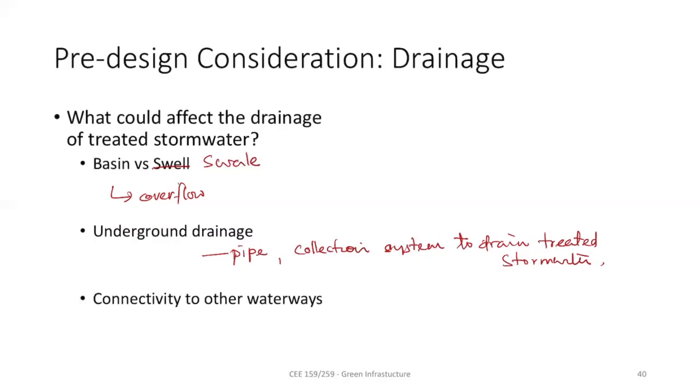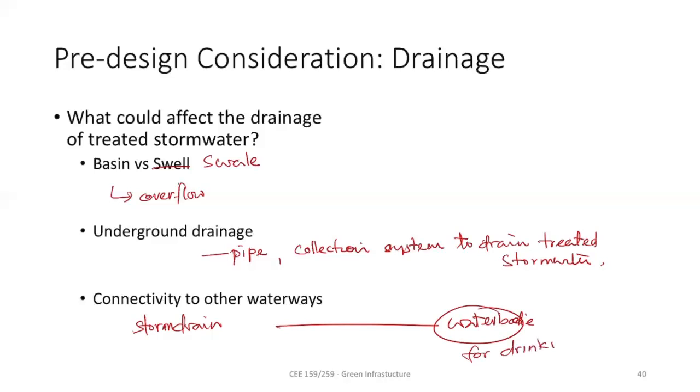Connectivity means a storm drain to a water body that is used for drinking. If it is too far away, then it's not much risk, which means you can install there. If it's too nearby, you have to have some kind of measure to prevent accidental contamination.